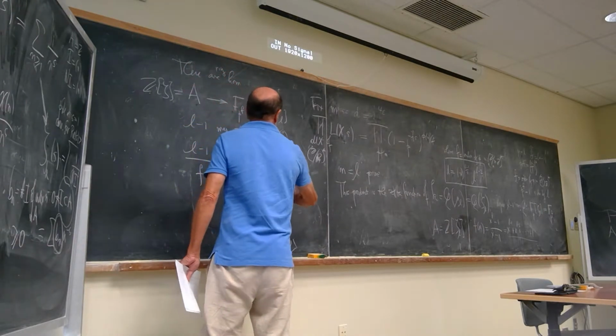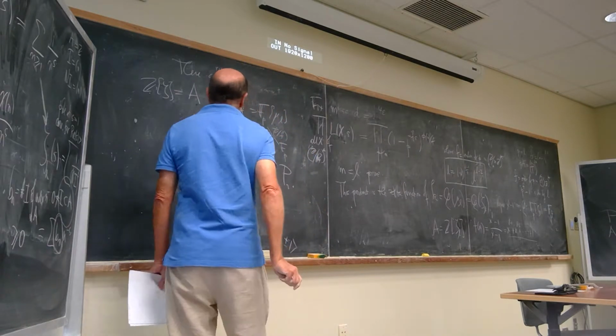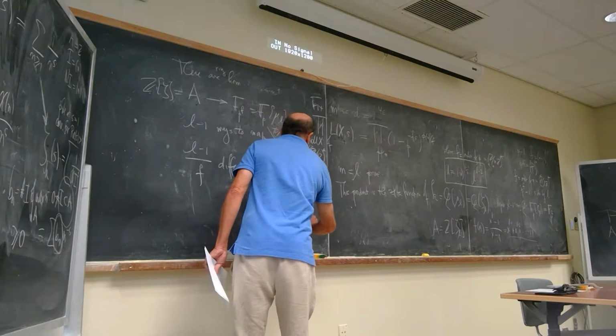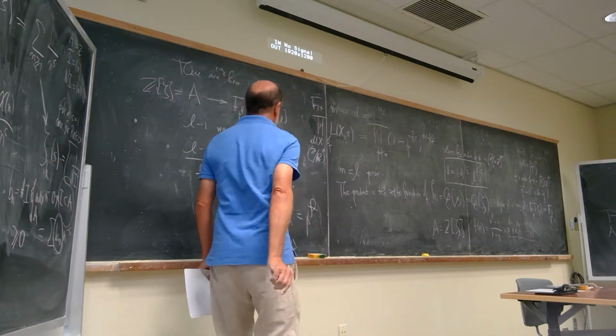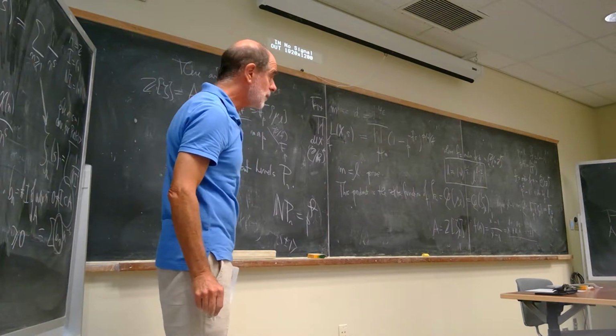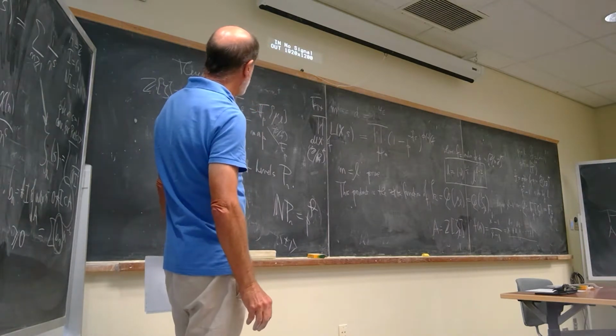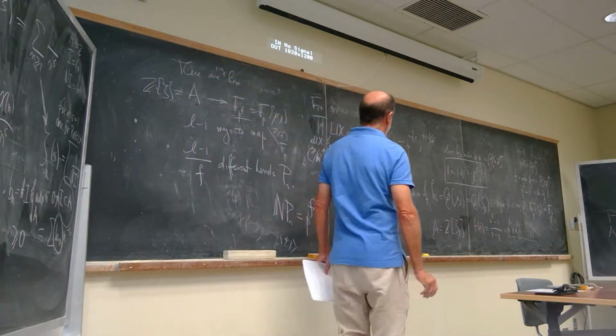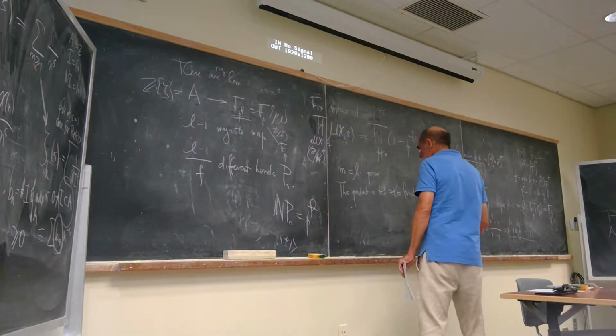And each kernel is an ideal P_i, where the norm of P_i is equal to p to the f, because that's the size of the quotient field, correct?